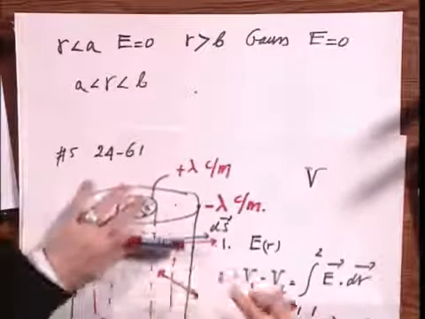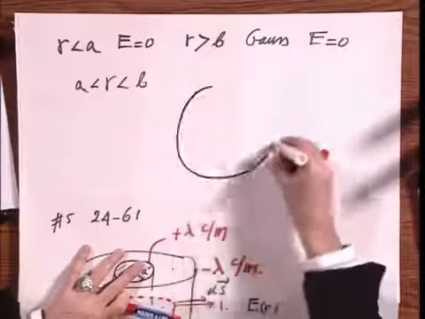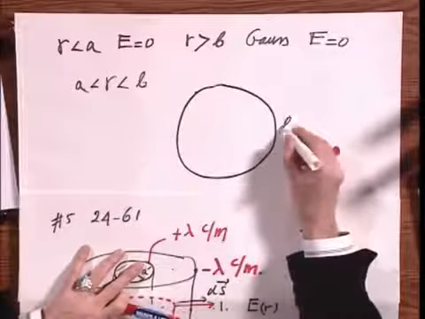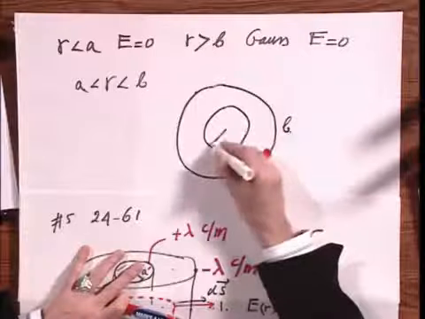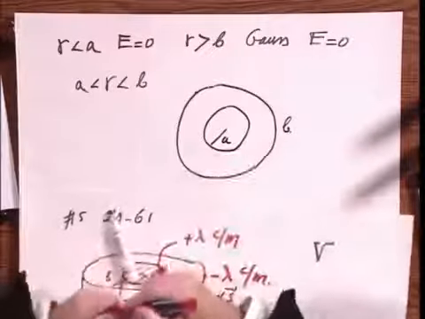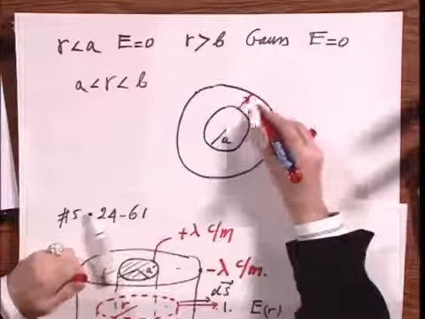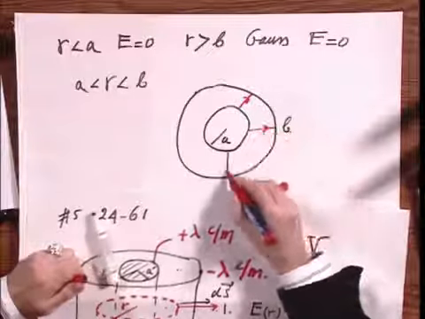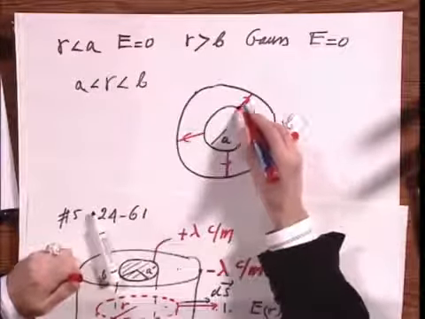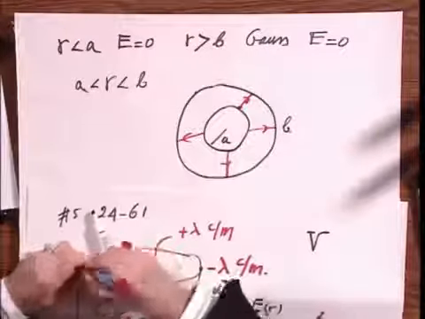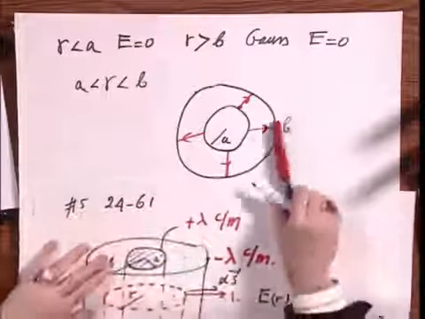If you were to look from above, this is the radius B, and this is the radius A, then the electric field will be in this direction, even though it will be stronger here, as you will see, than it will be there.